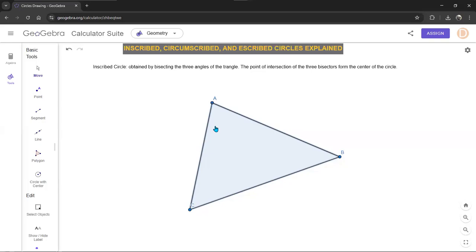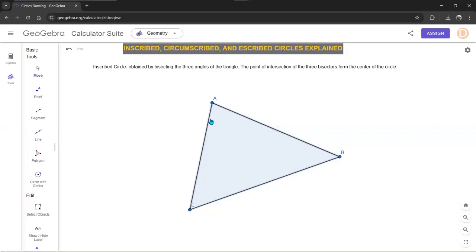If you want more skills on bisecting using the compass, that is if you are not familiar, you can comment and I will upload a video simplifying the bisecting of both angles and lines. But for this class, we're going to use the GeoGebra tools.